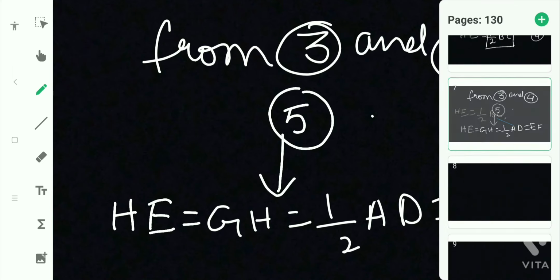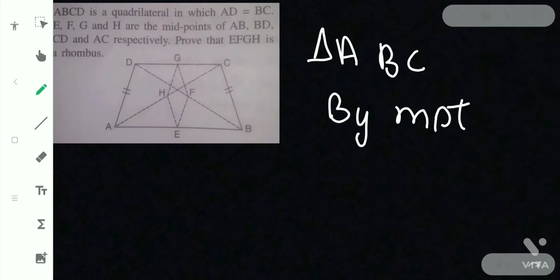Now just come to the diagram. In triangle BDC, just consider this triangle, the leftover triangle. We have done all the 3 triangles, and the leftover triangle is this one.